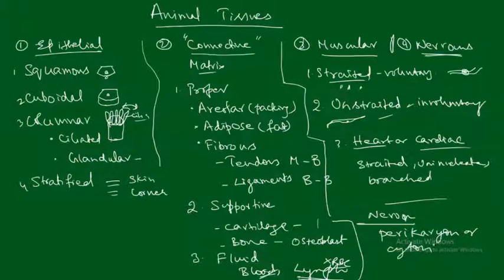The perikaryon or cyton is the body of the nerve cell, and it has many extensions. If there is the nucleus and extensions from it, there will be many dendrites or dendrons, and the central region is known as the axon. The main function here is to carry the nerve impulse.